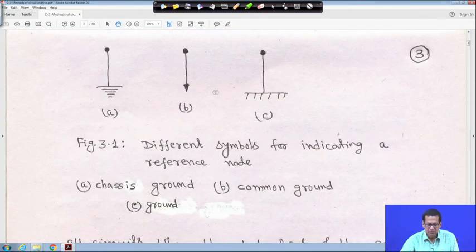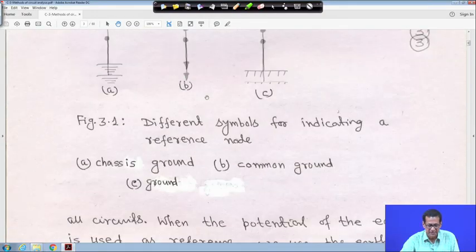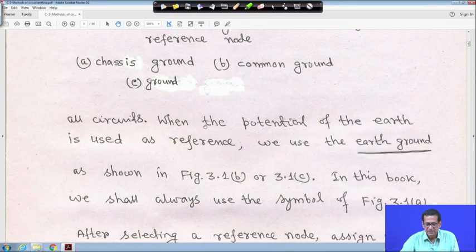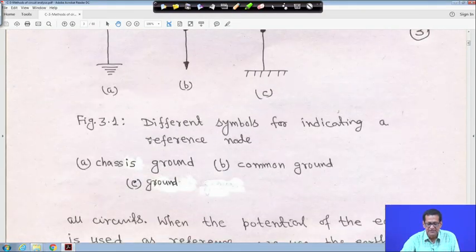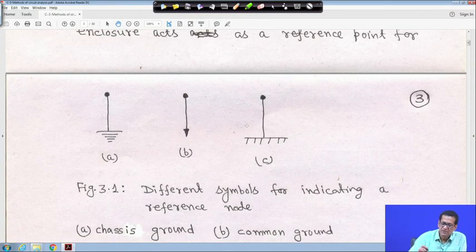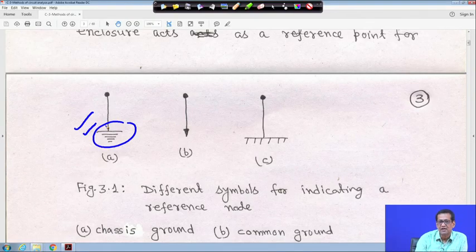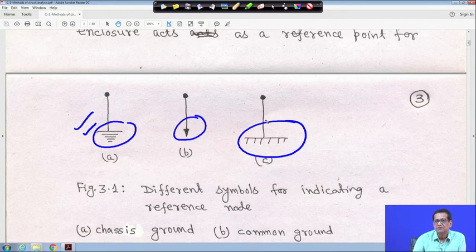Similarly, B and C are common ground points. When the potential of the earth is used as reference, these two symbols are used. The first is for grounding of the chassis, case or body of devices. If the earth or ground is the reference point, then either of these symbols can be used.